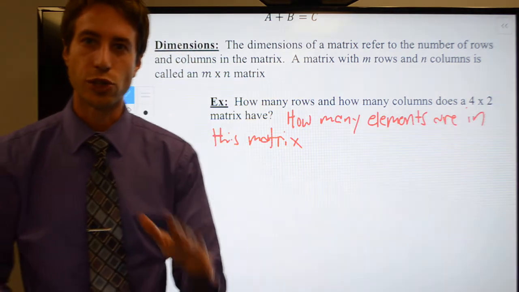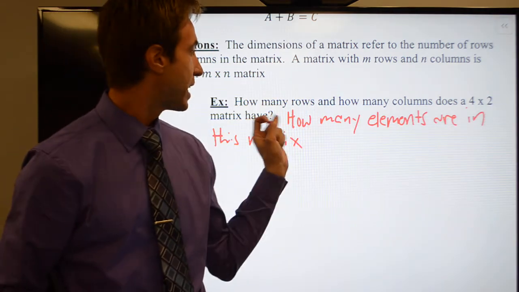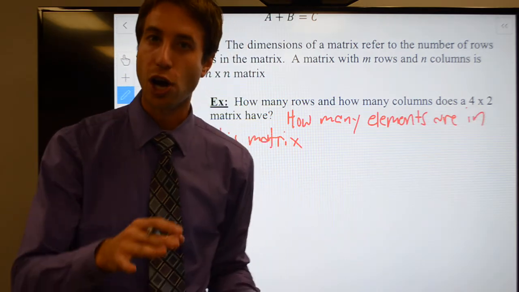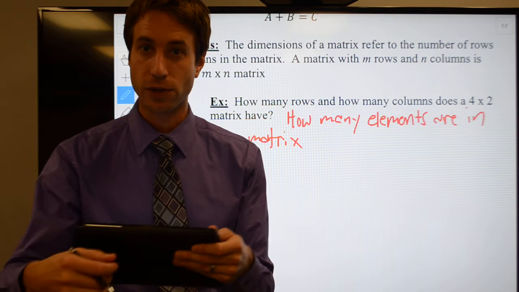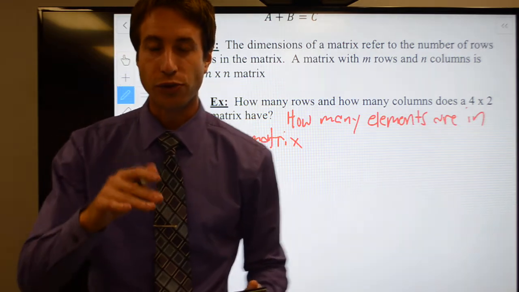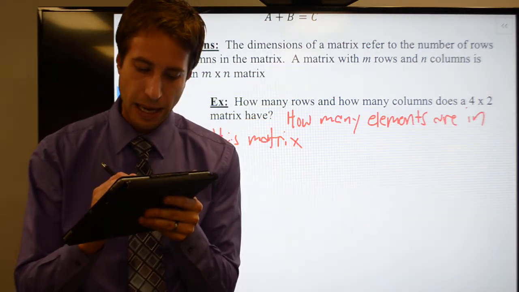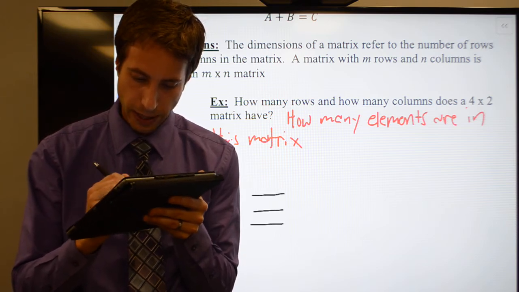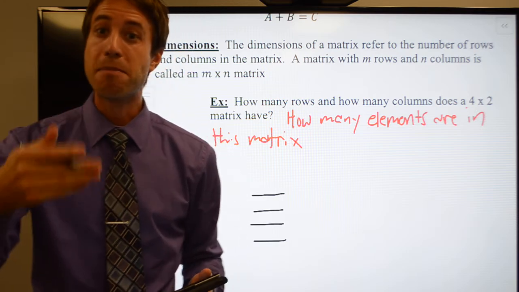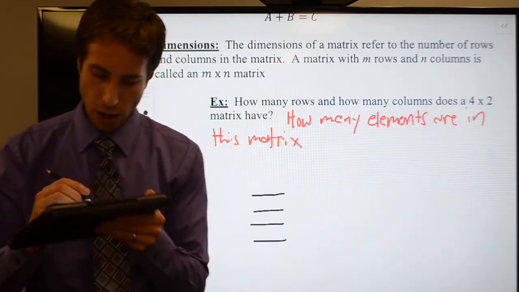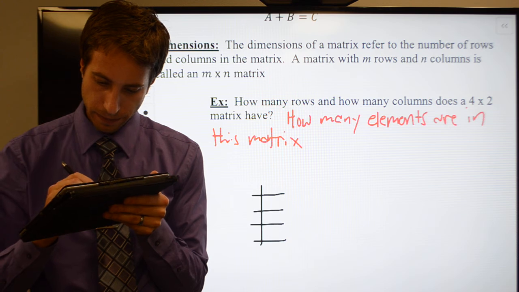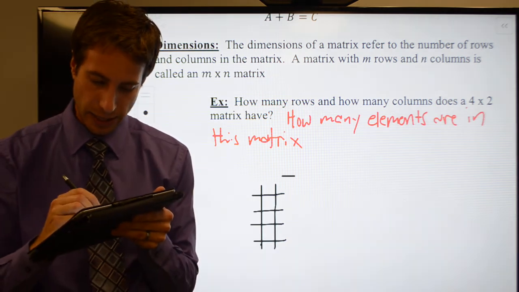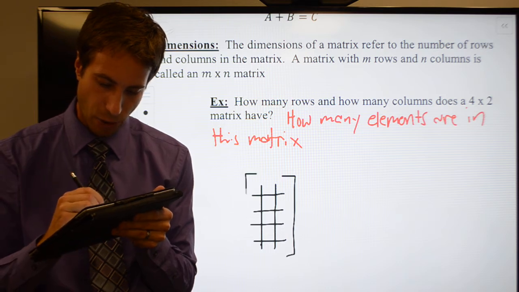All right, we got a lot of work to do. Here we go. Now, if the matrix has dimensions of 4 by 2, we just talked about the fact that rows come first, then columns. So if the matrix is 4 by 2, that means I must have 4 rows, 1, 2, 3, 4, and I must have 2 columns, 1, 2. Now I'm going to put my matrix in brackets, because matrices always go in brackets.